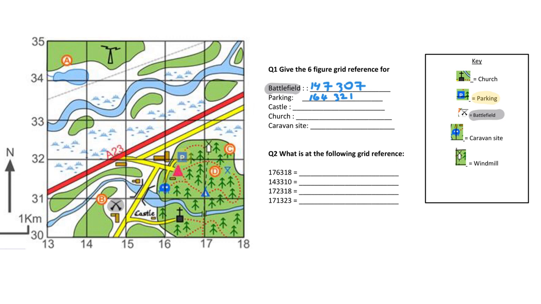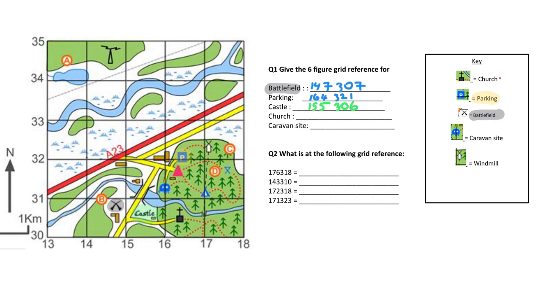If we're looking for the castle, we can see the castle in the 15 grid, and we're probably right bang in the middle horizontally, so we could say it's 15.5, and then we're in the 30 grid still, and we're just more than halfway, so maybe 36.